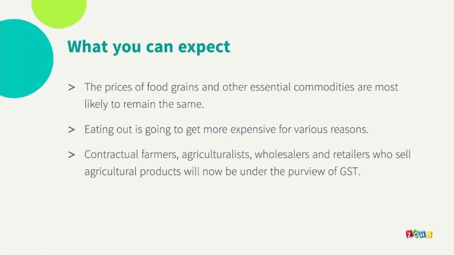So that 3% increase is also going to affect your bill. And then finally, even if you have wholesalers and middlemen buying goods directly from the farmers, in such cases, even they have to pay a GST to the government. And so putting all of these things together, eating out is going to get a lot more expensive. So it's time you started cooking.